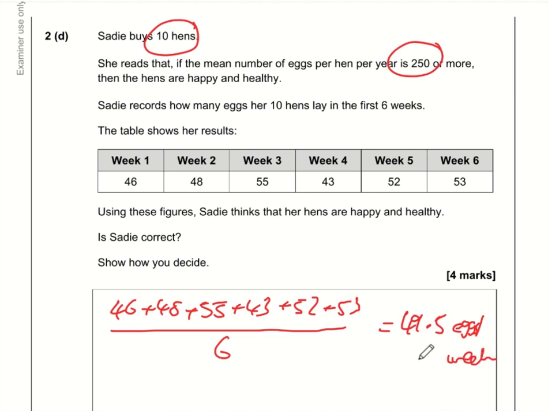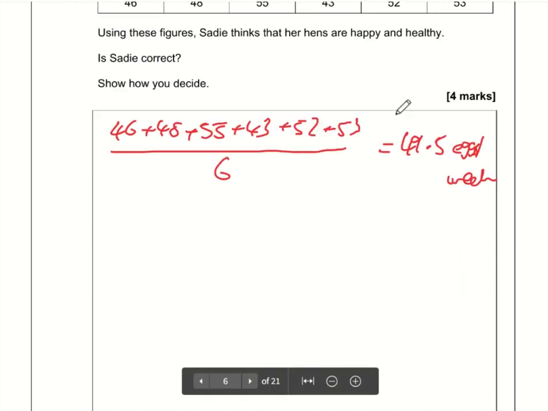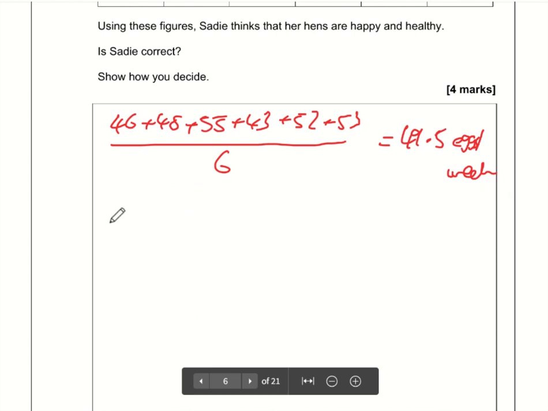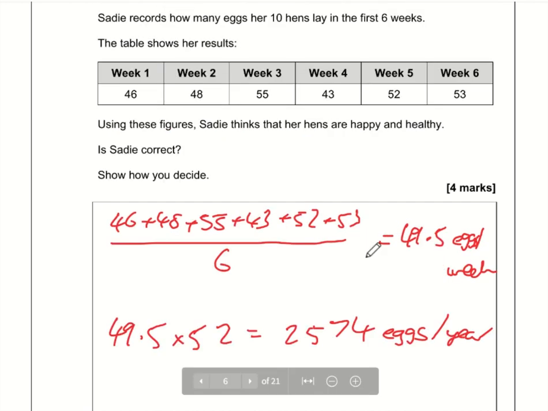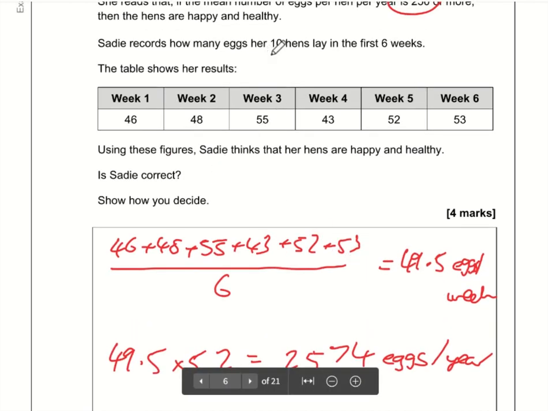Okay. Now, what I want to do is work out, we want the number per year. So if this is the number per week, then I'm going to multiply that by 52. So 49.5 multiplied by 52, that is 2,574 eggs per year. And remember that these are the figures for her 10 hens.